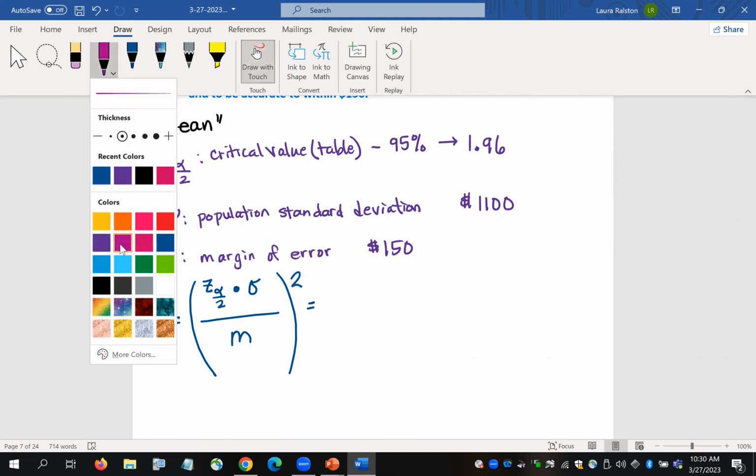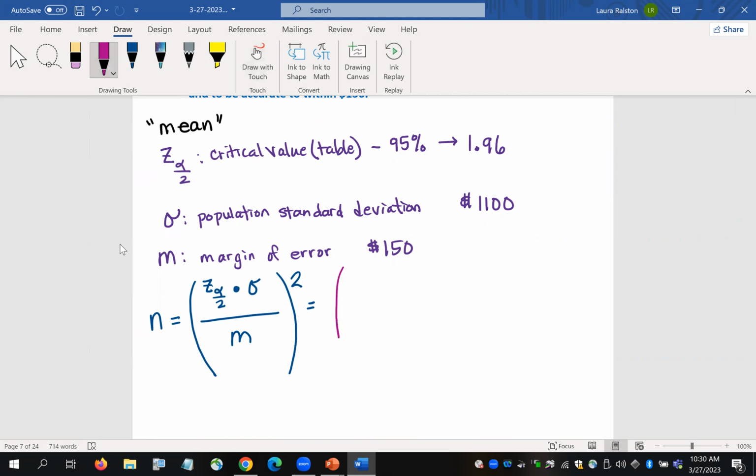Guys, it's straight out plug and chug. So I have 1.96 times the 1,100, which is my population standard deviation, divided by $150, which is my margin of error, squared.